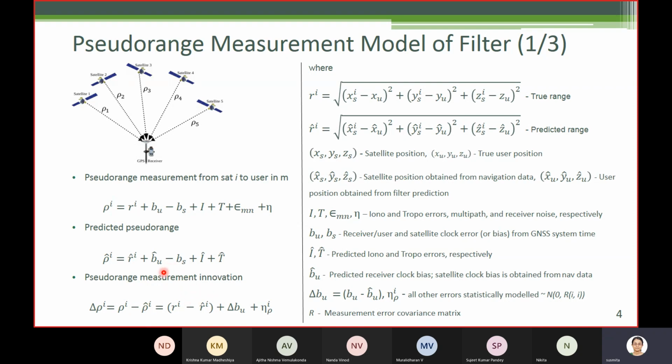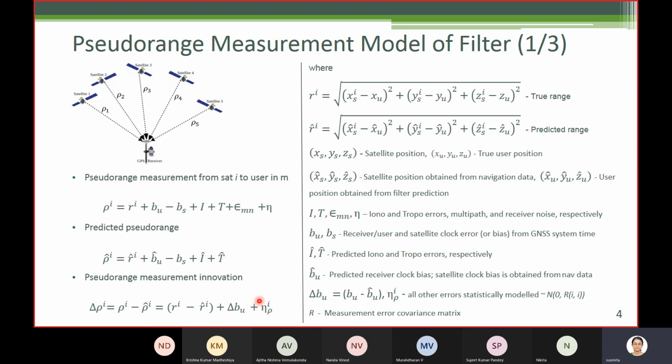So if we take the difference, here we have R minus R hat, BU minus BU hat, that will give the delta BU. Then this will be eliminated, I minus I hat, T minus T hat, epsilon and eta.